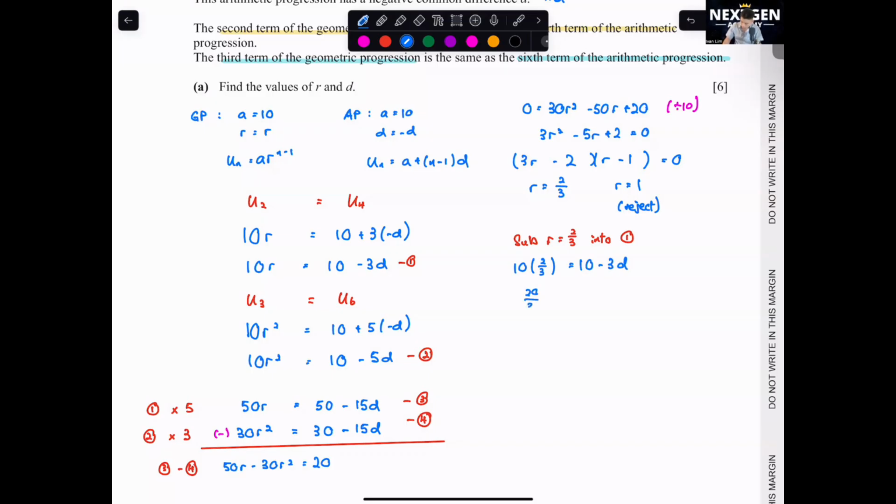This will be 20 over 3 equals 10 minus 3D. 3D equals 10 minus 20 over 3. This one will be 30 minus 20, so 10 over 3, 3D. D will equal 10 over 9. Okay, so keep on practicing your mental calculation. You see there's a lot of fractions in this type of equation to make silly mistakes. D is 10 over 9.